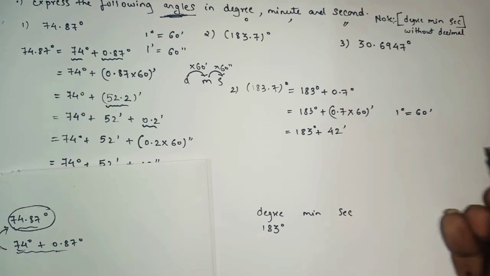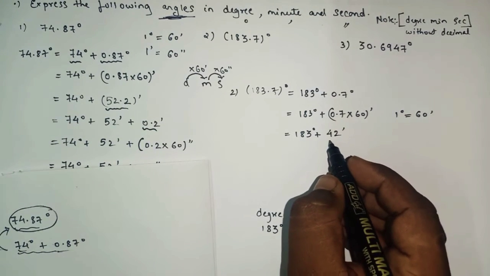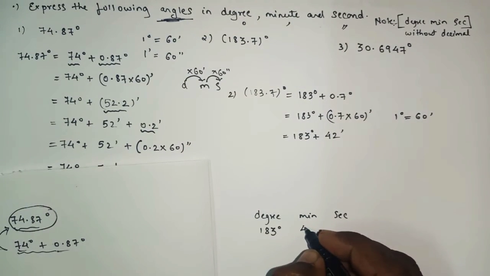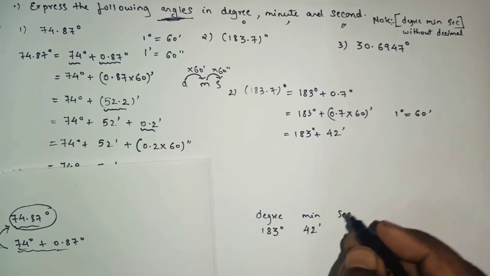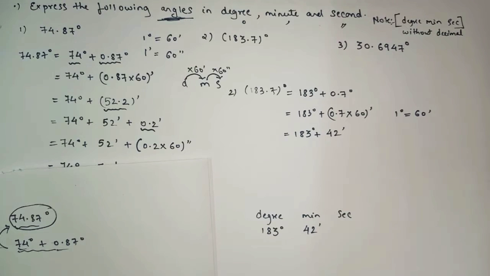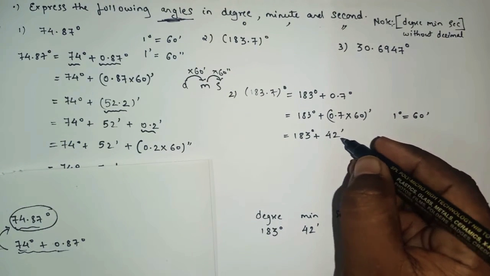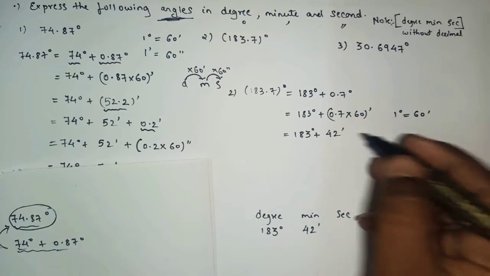Now here we can see that the minute also we got without decimal. So we don't have to solve the sum further, because we don't have decimal for minute.